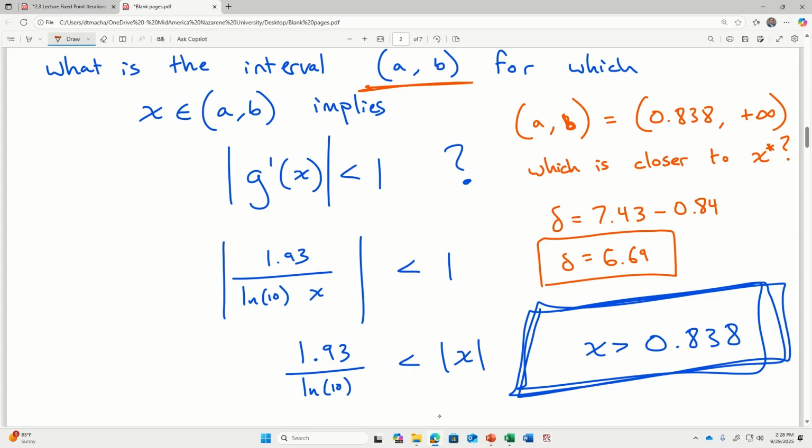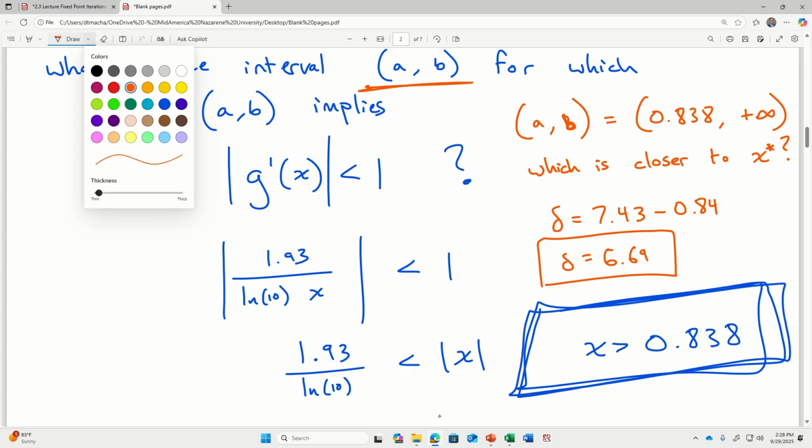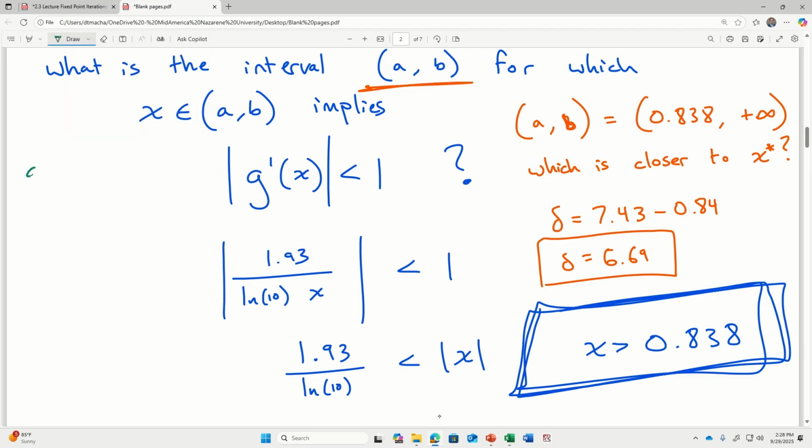That's around the point 7.43, that fixed point. And so my guaranteed basin of attraction is going to be the interval from 0.84 up to 7.43 plus 6.69, which is going to be 14.12.